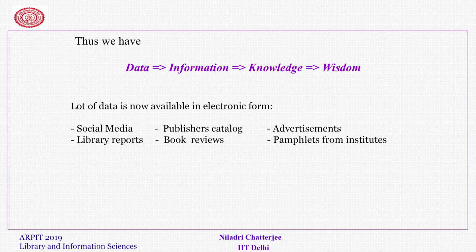Say for example, in social media, if you are talking about libraries, the publishers' catalogs, there are advertisements for books, journals, etc. There are reports from different libraries, there are reviews available for different books, there are pamphlets that the institutes are providing about any modification or upgradation of their courses.